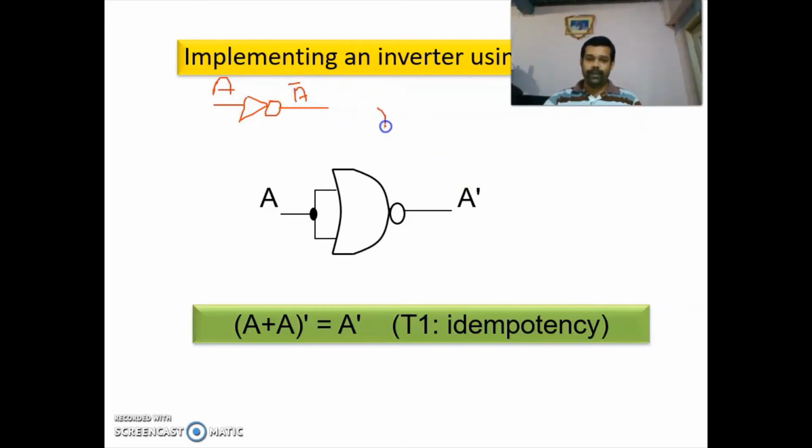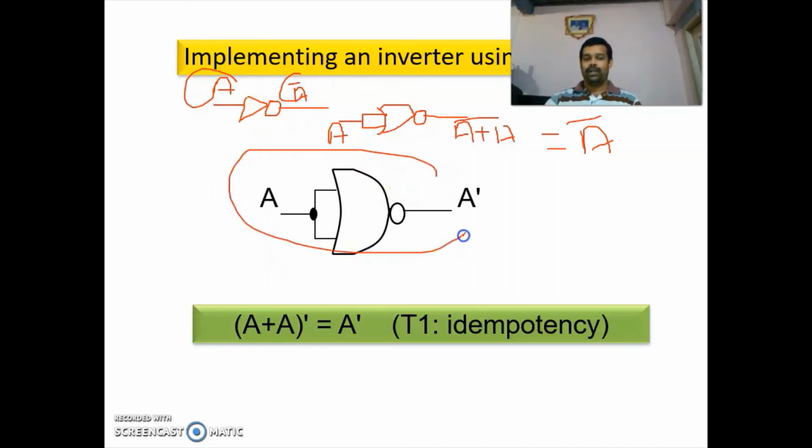If you give the same input A to both the inputs of this NOR gate, you will be getting A plus A the whole bar. We know that A plus A is A, so you'll be getting A bar. Similar to the NOT gate, we are getting in the NOR gate. This A plus A is nothing but idempotency.